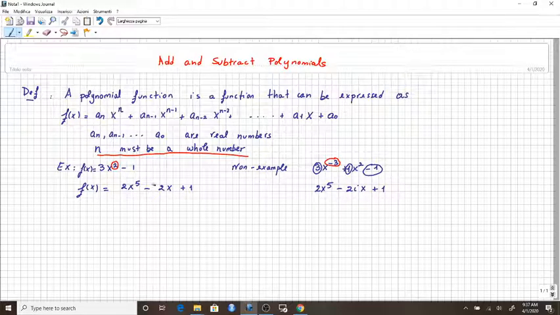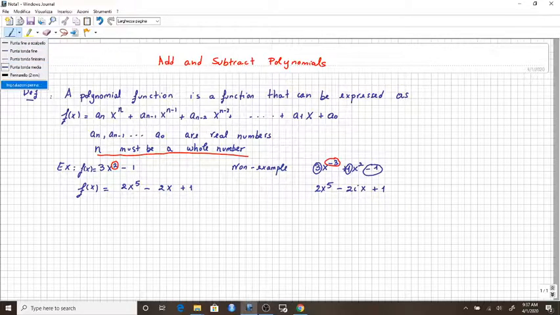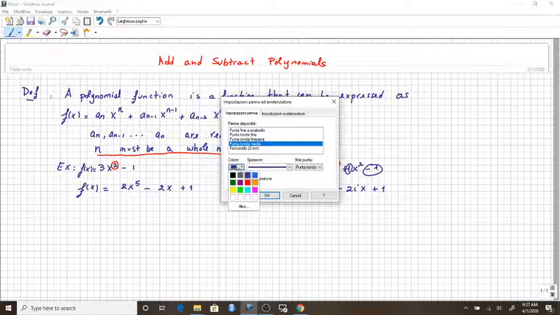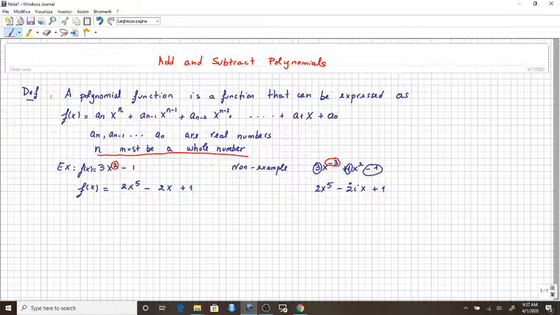Okay, so here on the left hand side all the requirements for a polynomial function are satisfied. We have real coefficients, we have exponents that are whole numbers, so we're good with that. But if you look on the right hand side, there is a negative 2i in front of x, and this negative 2i is an imaginary number, it's not a real number, and therefore this on the right hand side is not a polynomial function, okay?